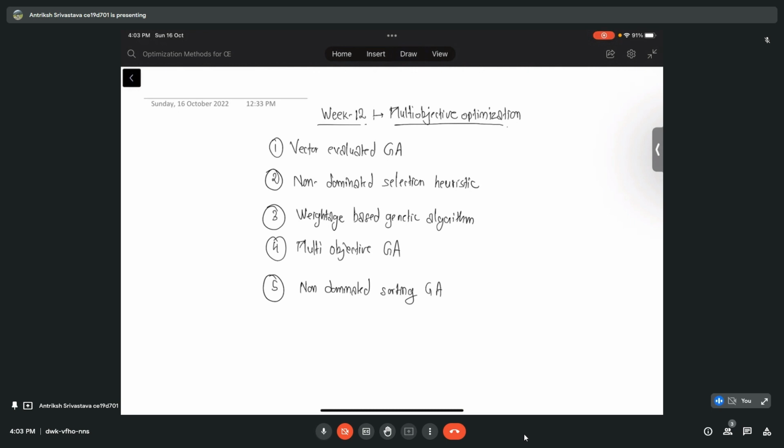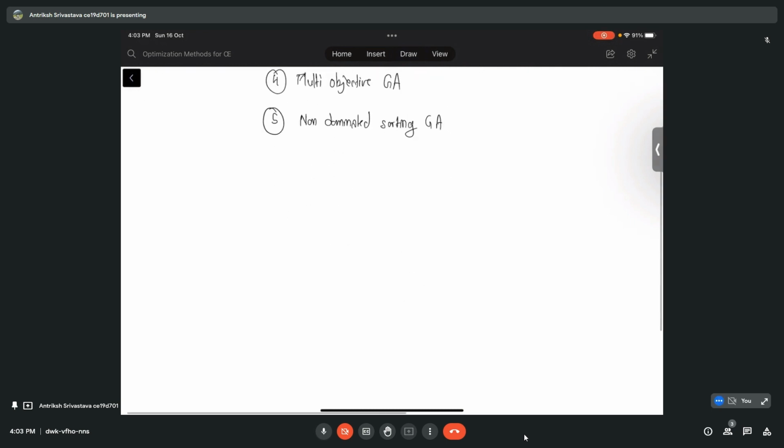Let me show you. Let's say we have a two variable function, and we have two functions that need to be optimized: f1, a function of x1 and x2, and f2, a function of x1 and x2.